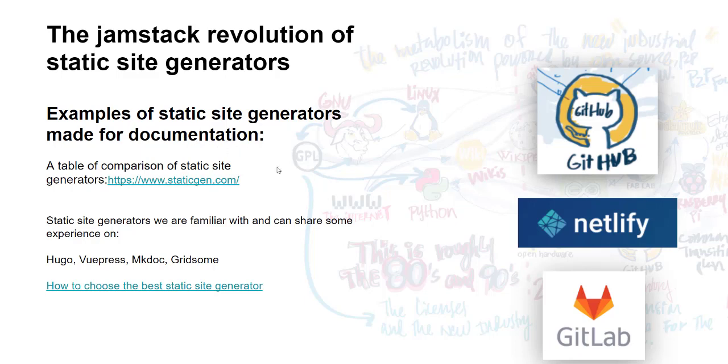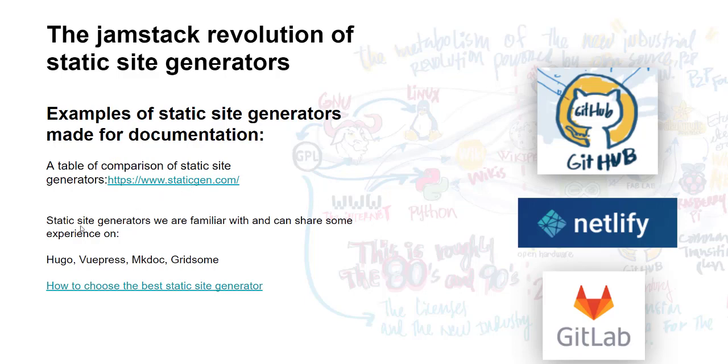For instance, the one that we are using for this course is VuePress, and that's a static site generator system. And it's very interesting because it's very customizable and it has a lot of advantages. But there are many options. So what we are providing you with is a comparison of static site generators.